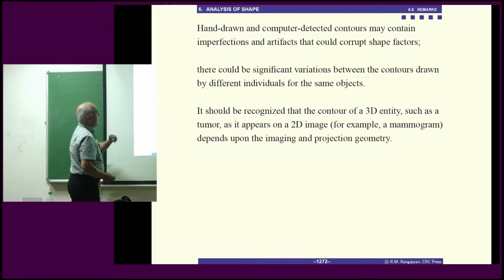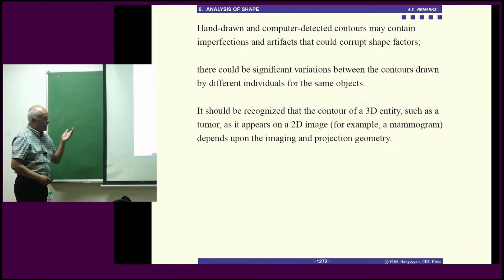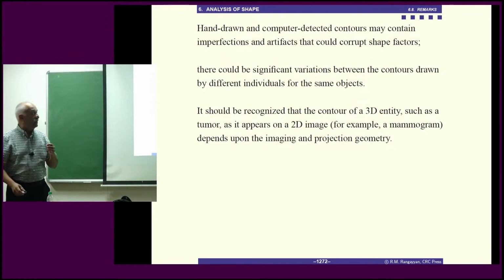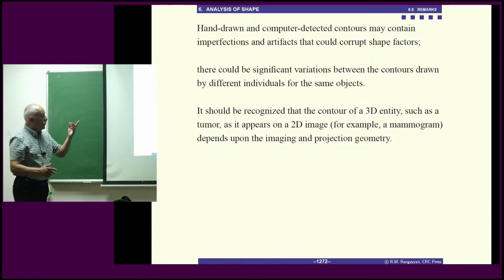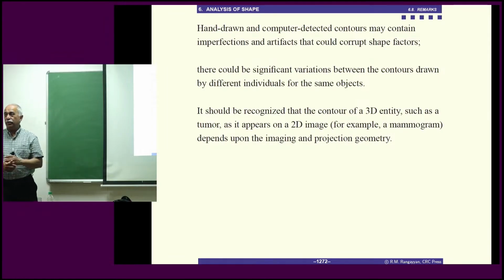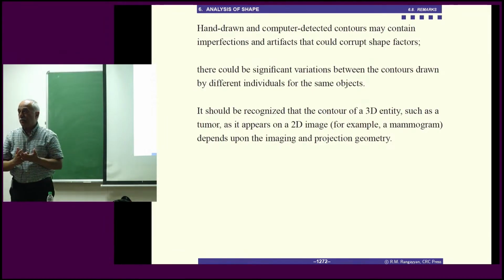It should also be recognized that the contour of a 3D entity, such as a tumor, as it appears on a 2D image, such as a mammogram where the breast is compressed and you get a projection, a radiographic shadow, 2D of a 3D object, depends upon imaging parameters and projection geometry. You take it this way or that way or this way, the shape will be different.